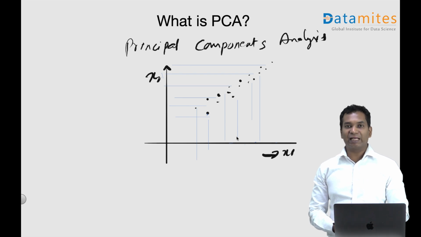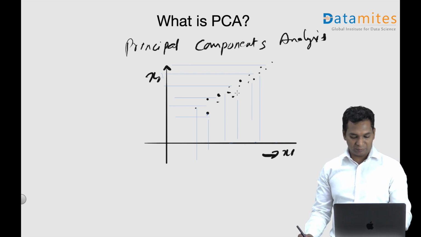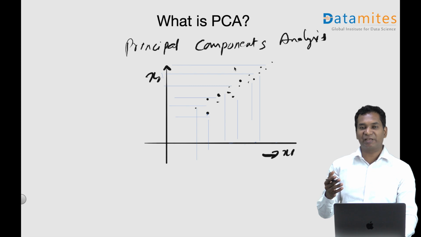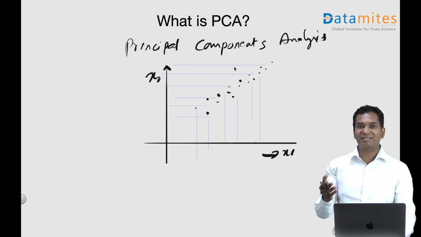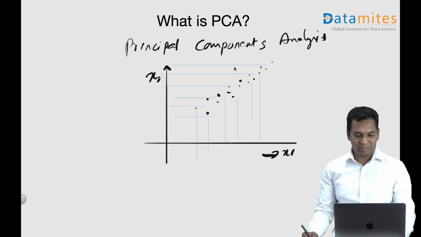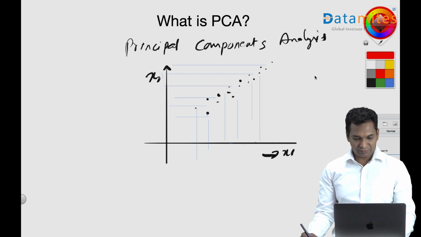What principal component analysis does is rotate the axes, it moves the axes in such a way that it increases the variance in one axis, the principal component axis, and reduces the other one. So let's say I'll take a different color for this.